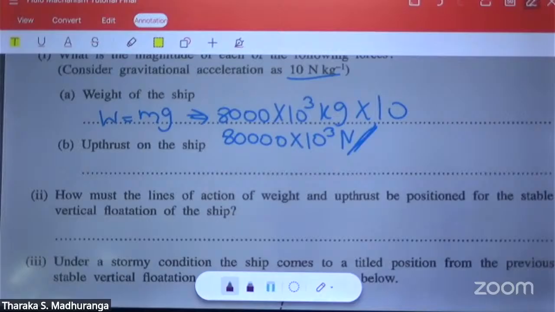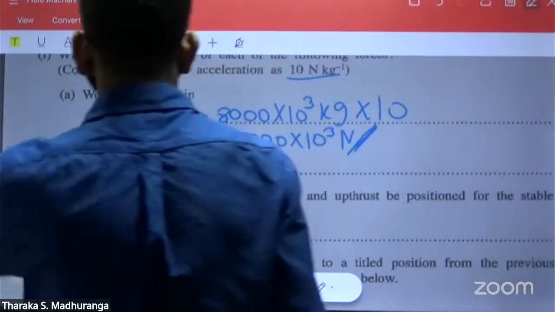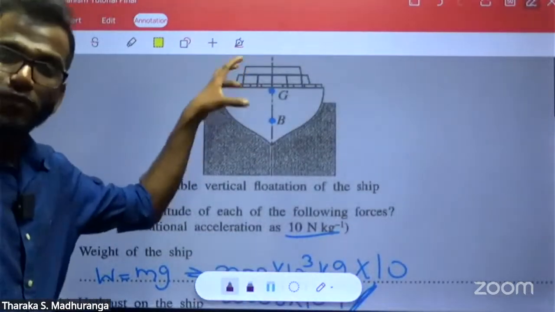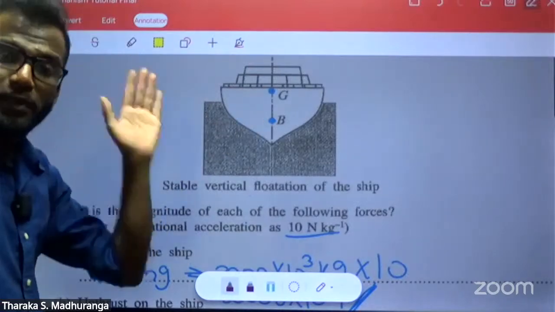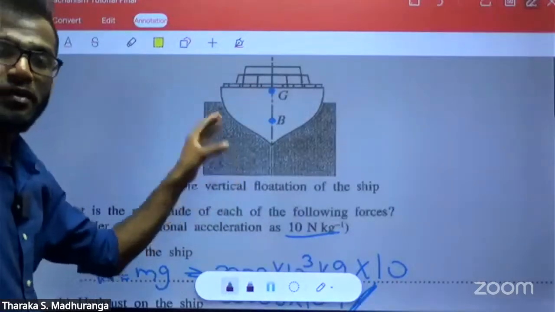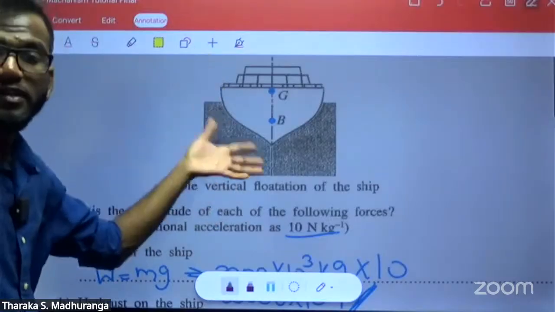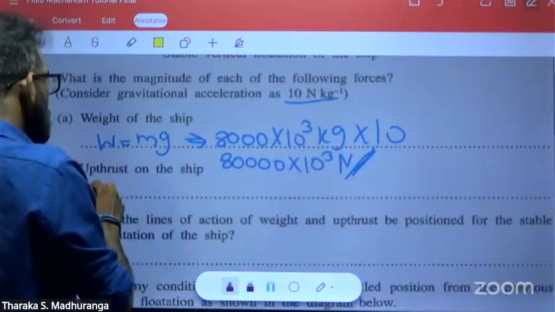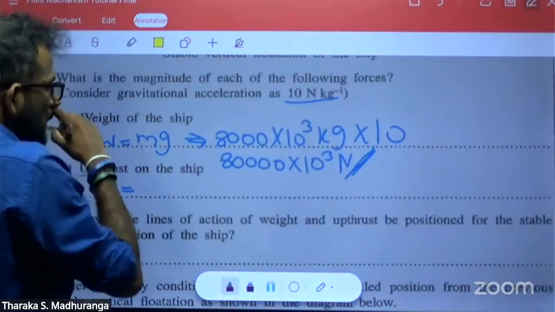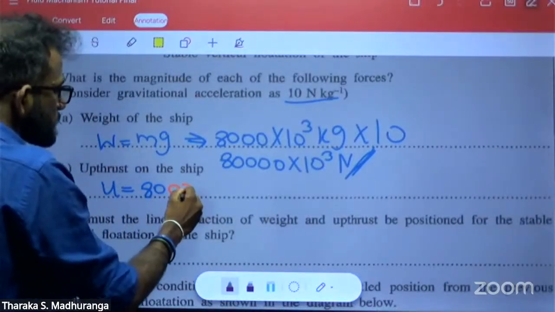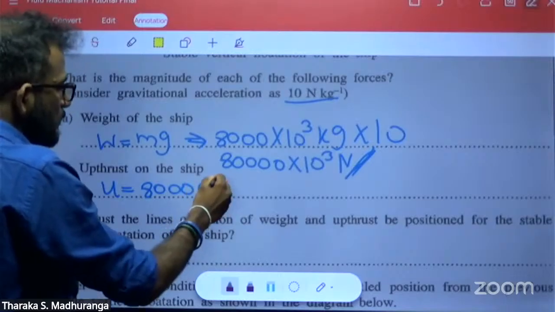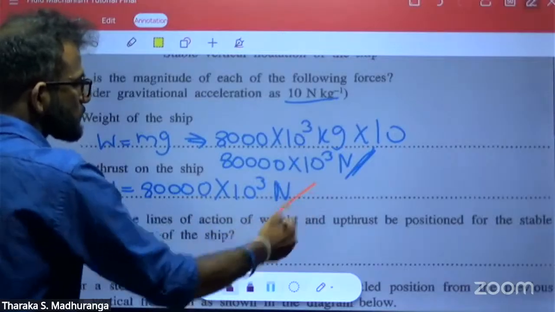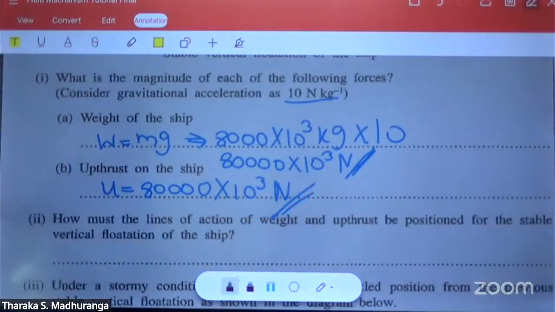Yes, the upthrust force: if it is stable and floating on the water, the upthrust force must equal the weight. Otherwise, it is not balanced. Therefore, the upthrust force U is also 80,000 into 10 to the power 3 Newton.